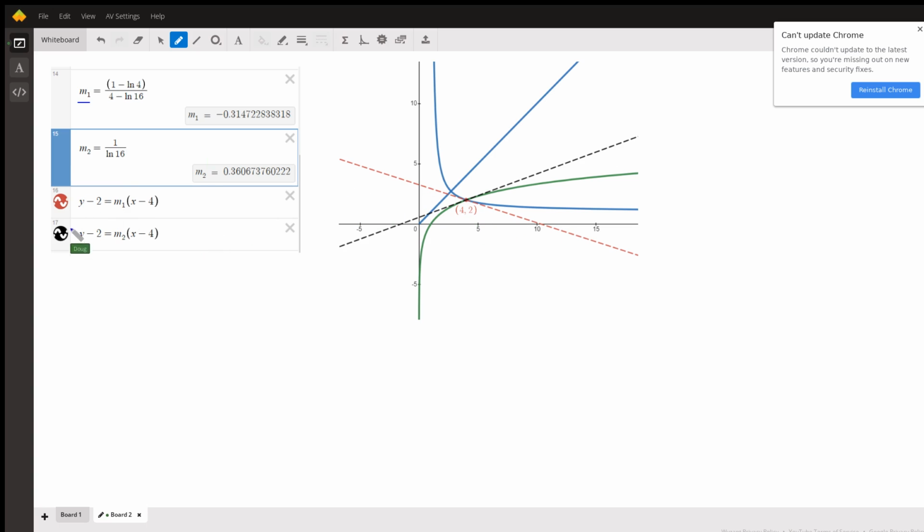And here's the equations of those tangent lines. y minus 2 equals slope m sub 1 times the quantity x minus 4. And here's the slope of the black tangent line to the graph of y equals log of x base 2.